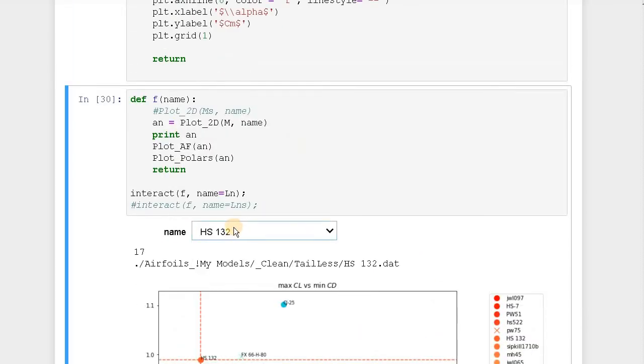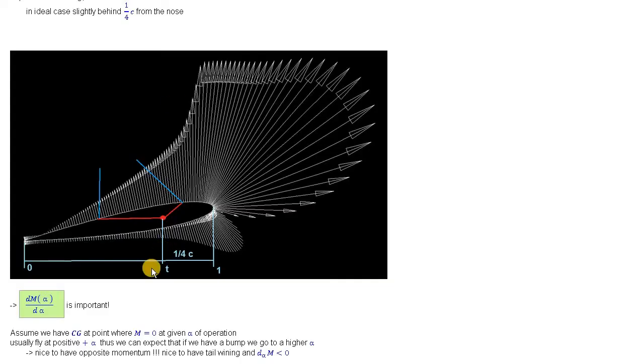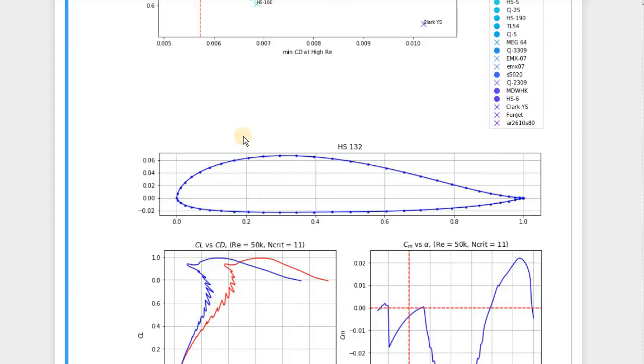For instance, this airfoil. Here's the airfoil, and once again, those are results for flying wings or tailless airplanes. We have this kind of S shape profile, and this is done to keep this value negative. When we increase the alpha, we would like to have a smaller moment for the high alpha.